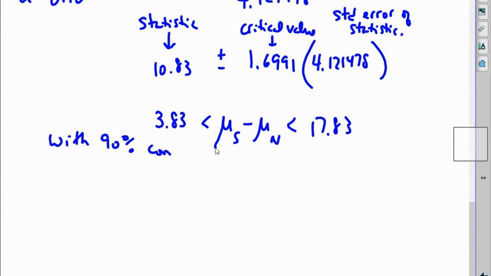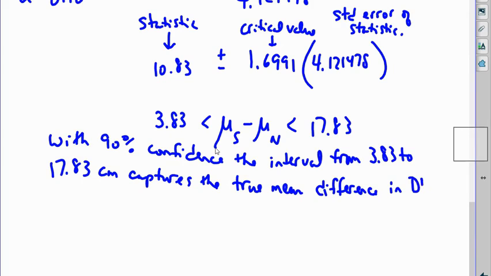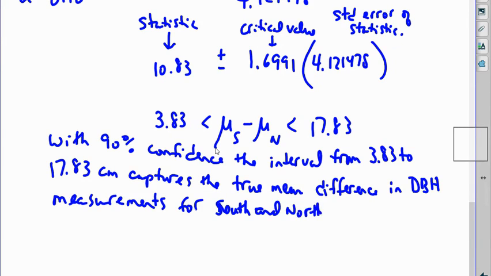So with 90% confidence, the interval from 3.83 to 17.83 centimeters captures the true mean difference in DBH measurements for south minus north, northern pine.